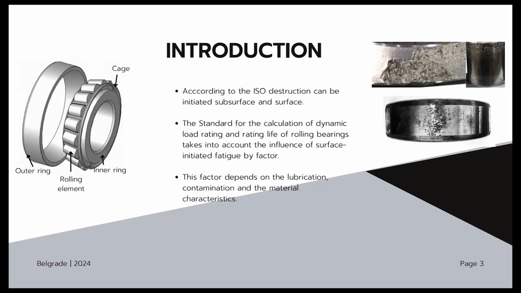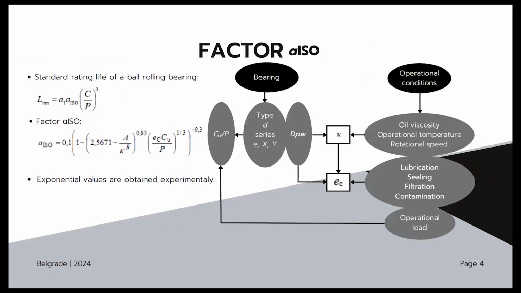On the other side, the basic formula for rating life takes into account just subsurface. We have a factor that depends on the lubrication, characteristic of lubrication, contamination of that lubrication, and the material characteristics, more precisely the fatigue load limit of that material. And that factor is factor a ISO.